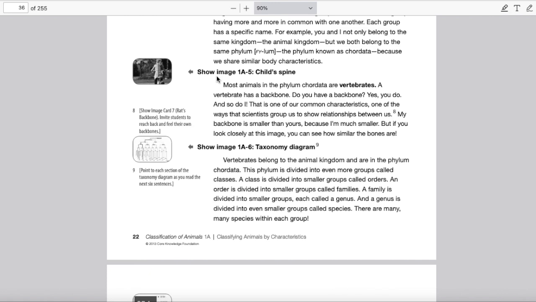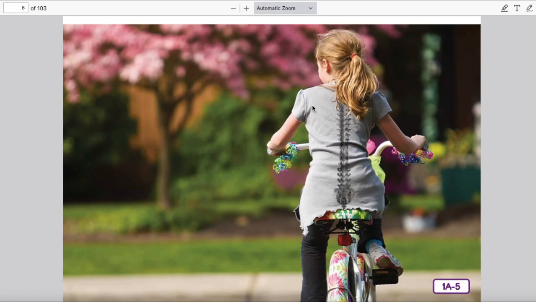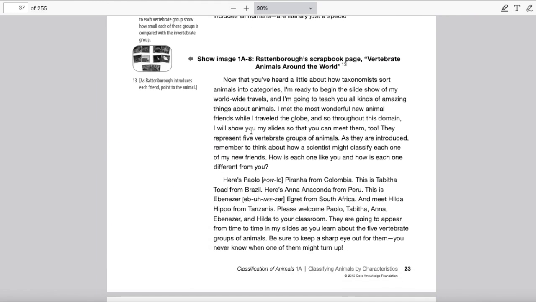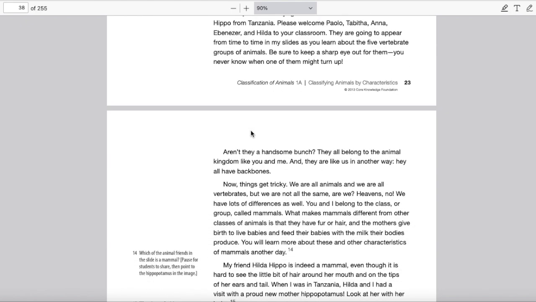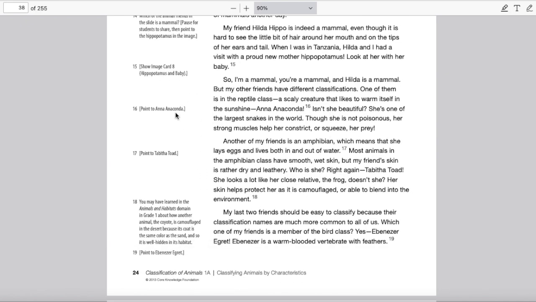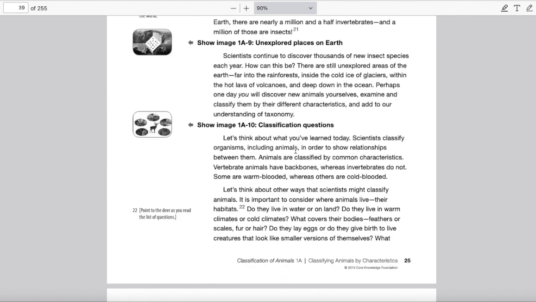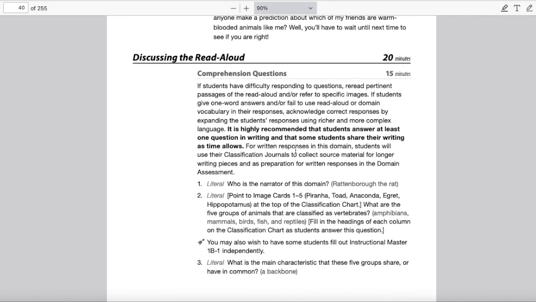So first thing you're going to learn is invertebrates, vertebrates. You're given more pictures as you're going through. So you can see it's laid out very similar to The Wind in the Willows. You're reading, you have your explanations or questions on the side to keep them engaged. And then you have comprehension questions. So who is the narrator?